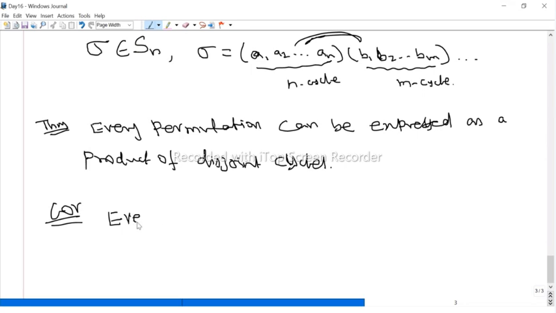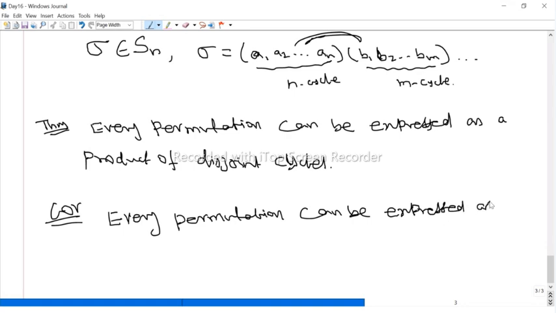Every permutation can be expressed as a product of transpositions, though not disjoint ones.